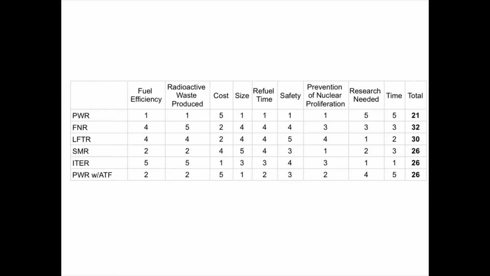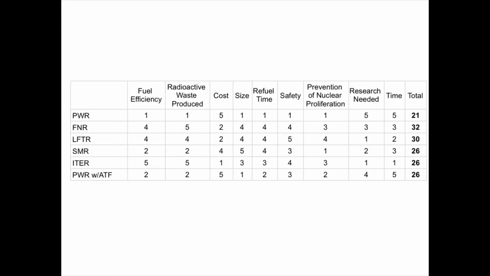So accident-tolerant fuels increase fuel efficiency, they reduce the amount of radioactive waste by increasing fuel efficiency, and most importantly, they increase safety, and they have a few other little benefits over regular fuel for pressurized water reactors. But that accident-tolerant fuel would go a long way to improving the reactors we have in use today, and those would really help until we can get fast neutron reactors built and online.